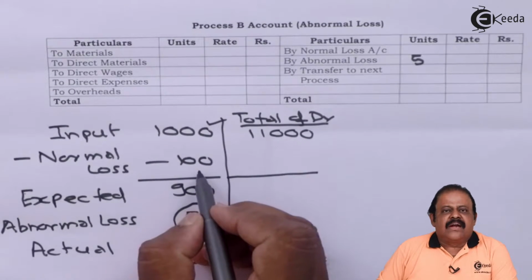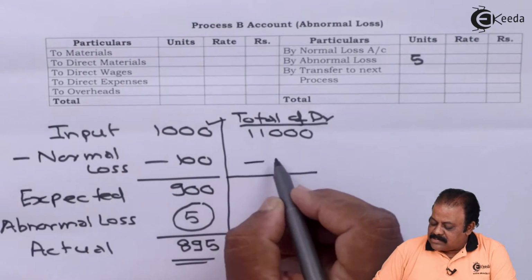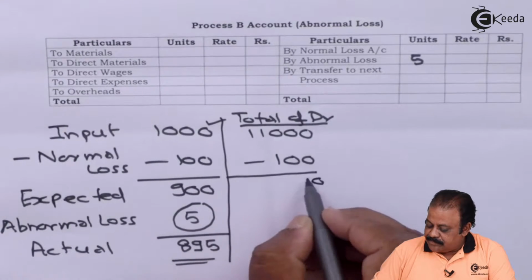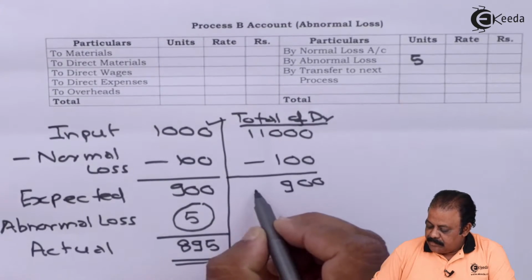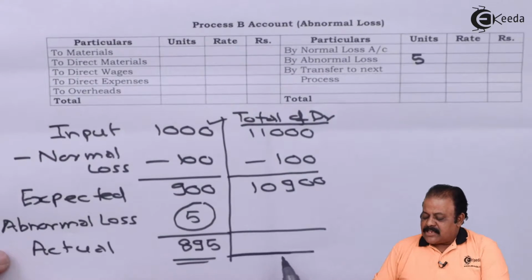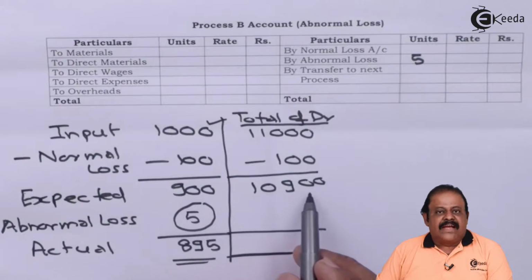Here normal loss is 100 units, say 1 rupee per unit. So here normal loss realized 100 rupees. So it becomes 10,900. That means expected output is 900 units and its value is 10,900.